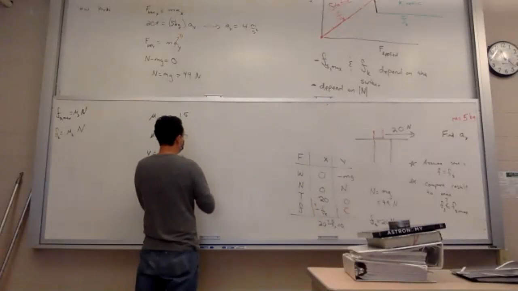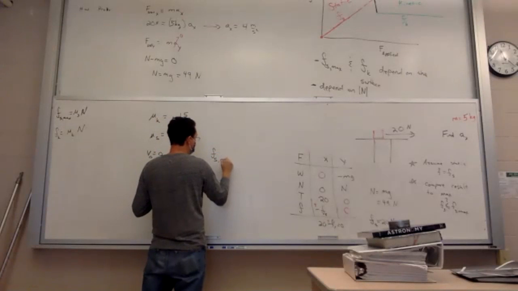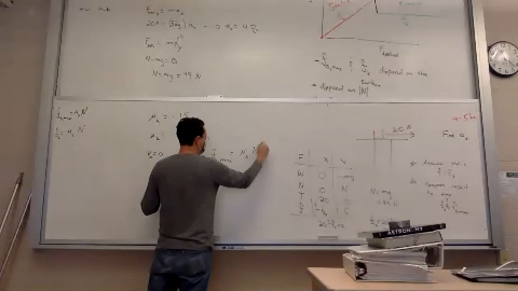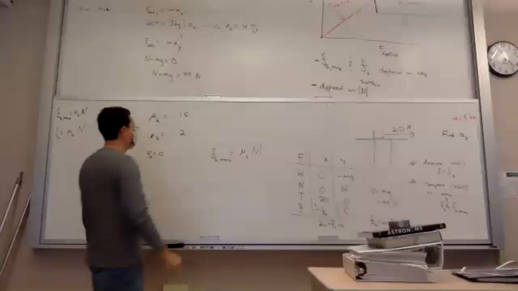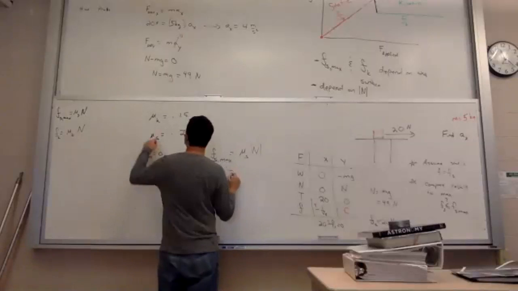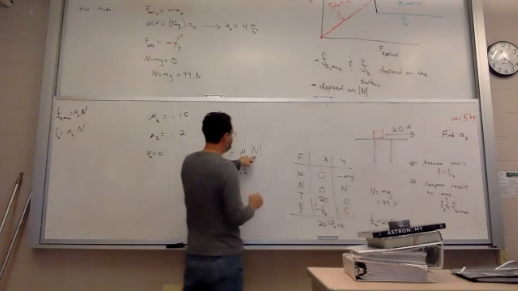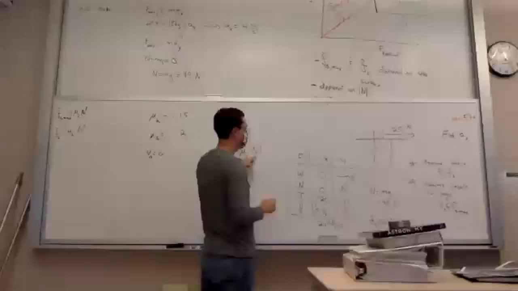F sub s maximum equals mu sub s times the normal force. But mu sub s is 0.2, and the normal force is 49.